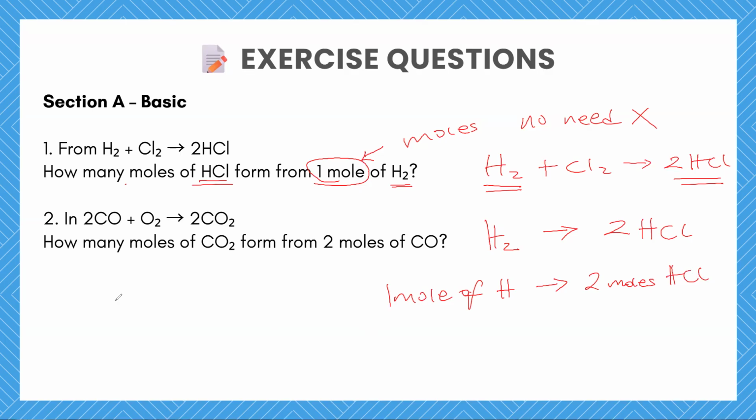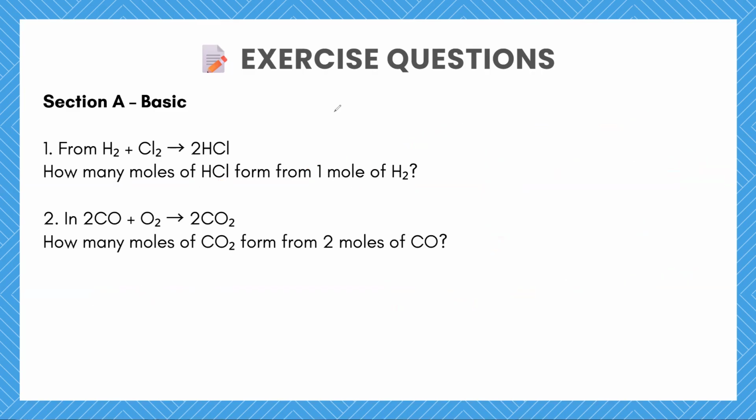So therefore, the mole ratio becomes 1:2. That is the mole ratio. Did you see how it was obtained? Now the question says how many moles of HCl form from 1 mole of H2. So now we know that from the equation, 1 mole of H2 or hydrogen produced 2 moles of HCl.